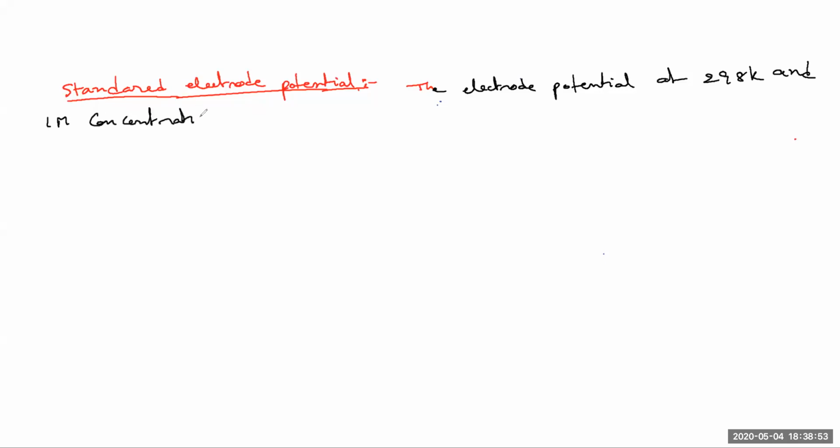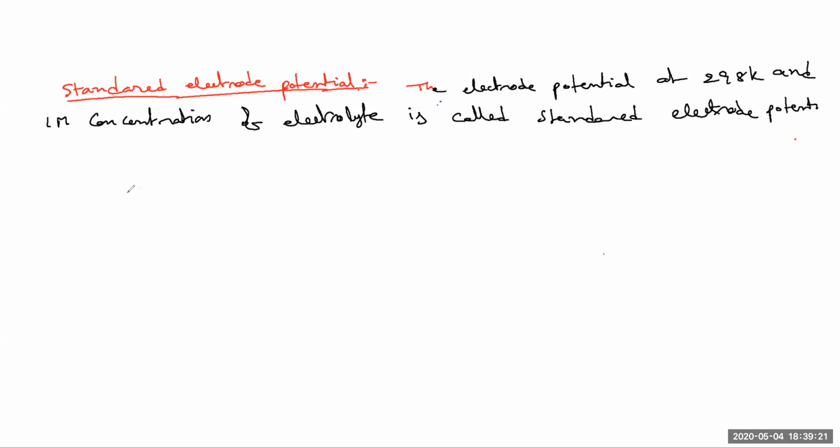The electrode potential at 298 K and 1 molar concentration of electrolyte is called the standard electrode potential.